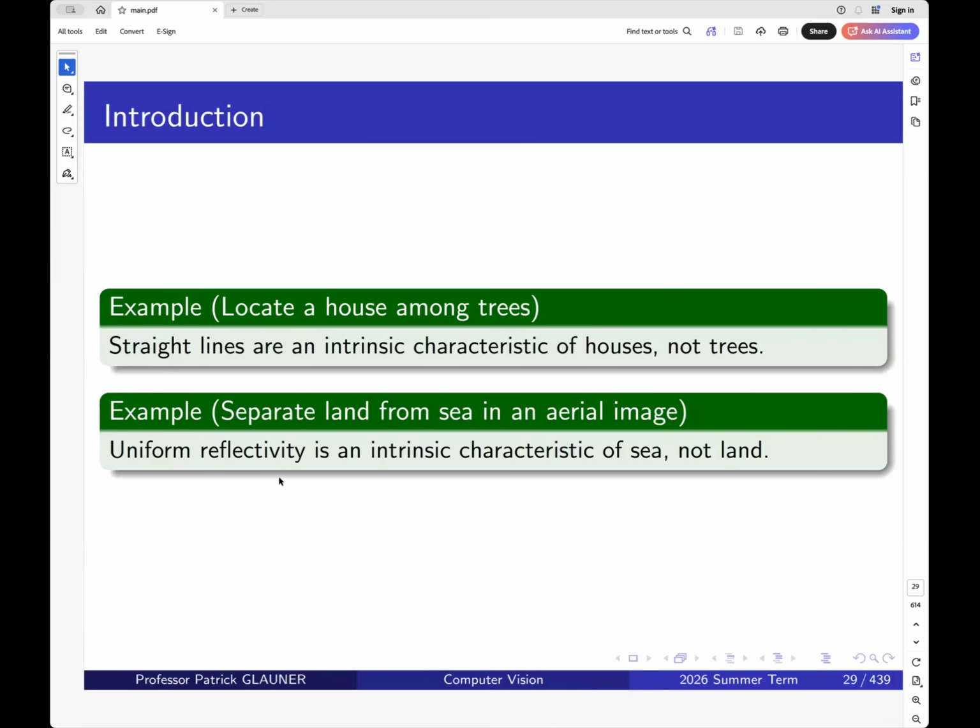We'll have illumination, so there will be reflections in the image, but uniform reflections could be a characteristic of sea, not necessarily the land. But maybe not always for the sea as well if there are waves in the sea. But the reflections from the sea would be totally different than the reflections from land. So this could be some prior knowledge or prior information we have, and that could be helpful to build that vision system.